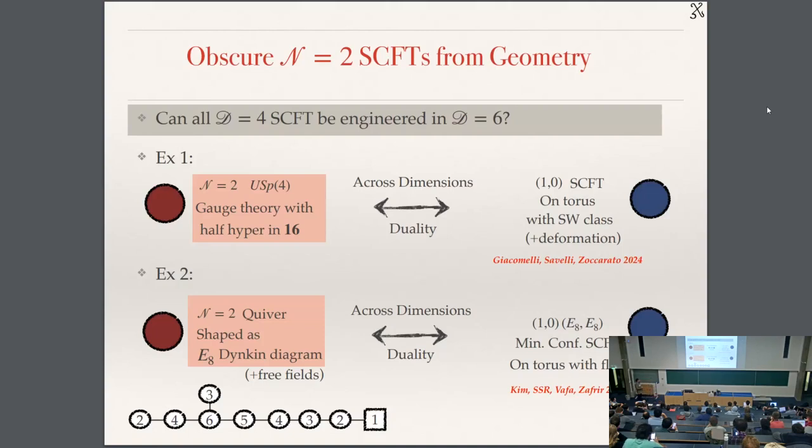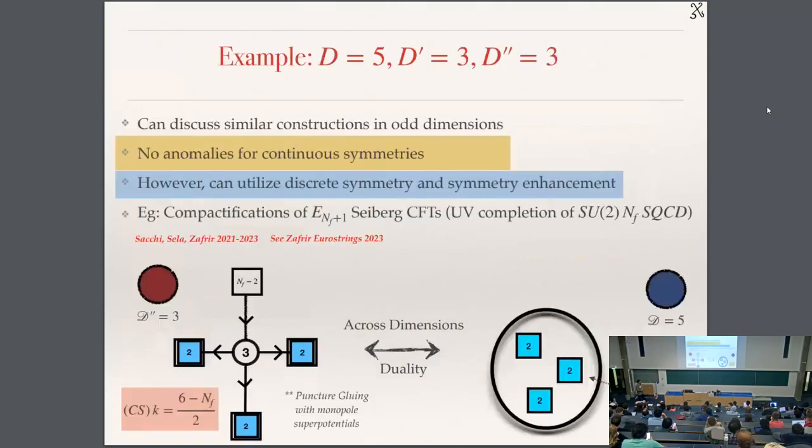You take an N=2 theory with USp(4) gauge group, and it has a single half hypermultiplet in the 16-dimensional representation. So it's a very weird theory. Nevertheless, it is a perfectly good theory, and only very recently it was realized by some compactification starting from 6 dimensions, and there are many other examples of relatively funny theories that you can engineer starting in 6 dimensions.